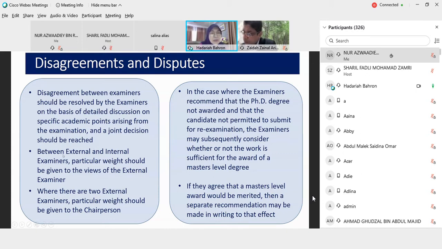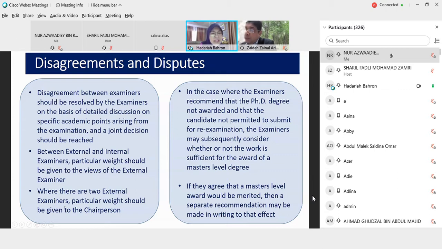For any disagreement between the external and internal examiner, particular weight is given to the view of the external. So the external has more say. Usually the view of the external examiner is much weightier than the view of the internal examiner.